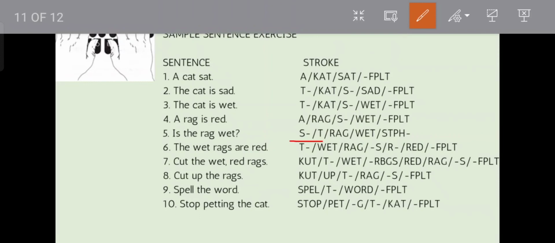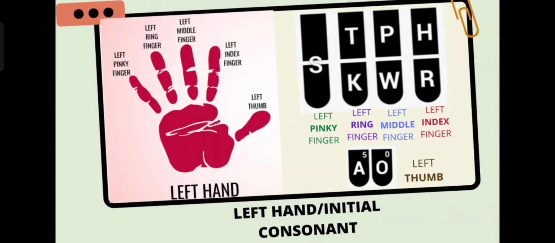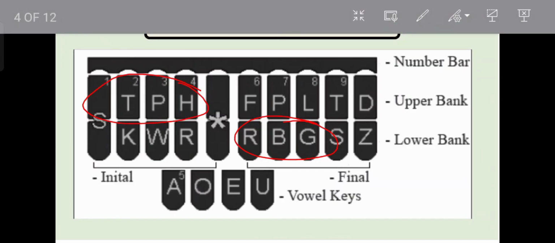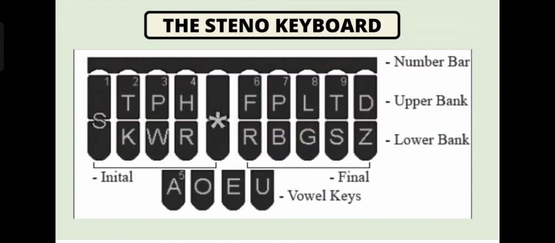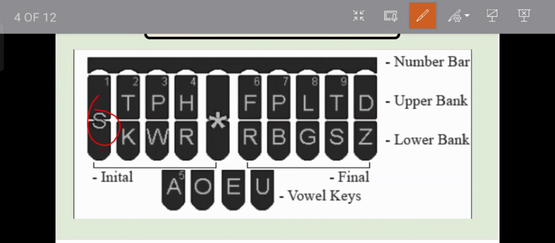So for example, is the rug wet? You stroke initial S and T, final T together. That's is the. Then rug is R, A and G, that's rug. Wet is W, E, and T. You can find them on your keyboard. First you press S and T, that's is the. And then the rug is wet.